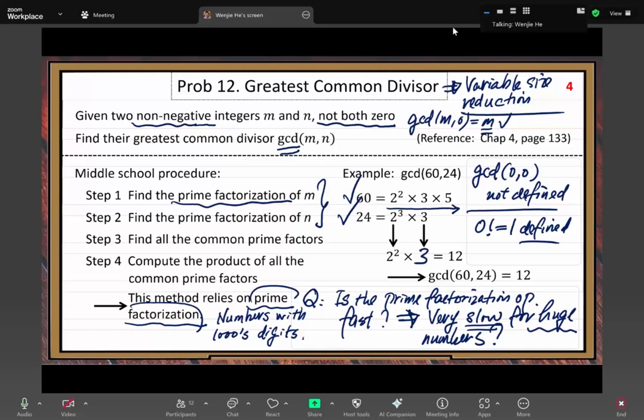But when you apply your function on a huge number with thousands of digits, let's say thousands of bits, how much time do you expect to find the answer?